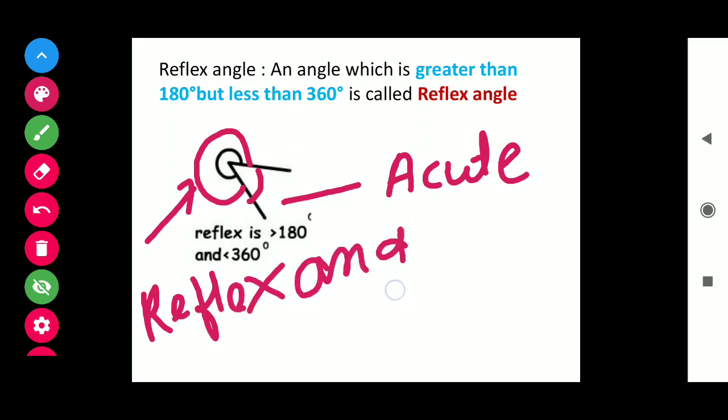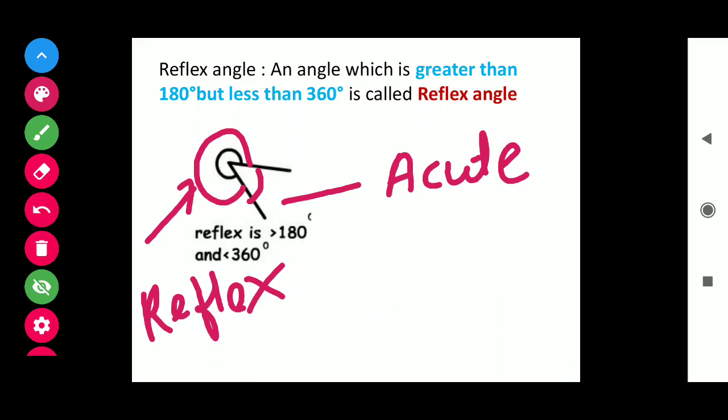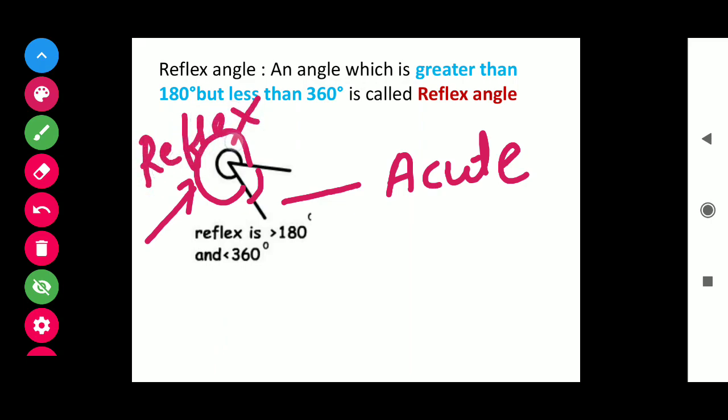And I would like to tell you one more thing. So measurement of acute angle. This one is reflex angle. I will show you by another color so you can understand very well.